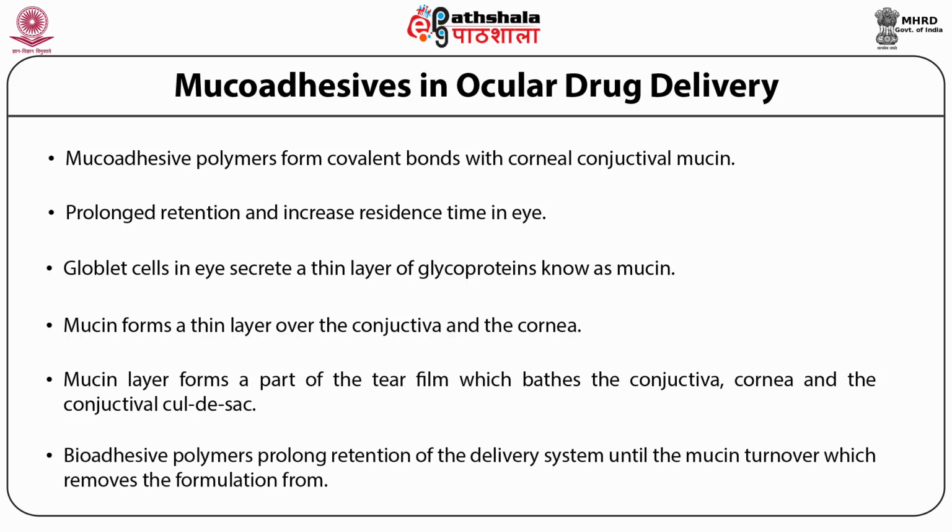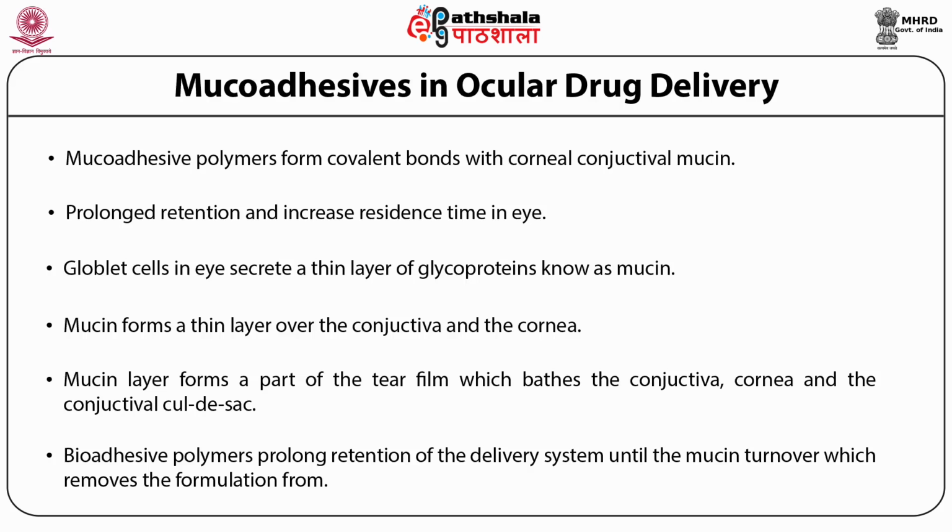The polymers prolong retention of the delivery system until the mucin turnover increases, which removes the formulation from the mucosal surface. An ideal mucoadhesive polymer for the eye should, however, meet certain criteria such as having an appropriate charge density, presence of polar groups for hydrogen bonding, and an optimum balance of hydrophilic and lipophilic sections in the polymer.